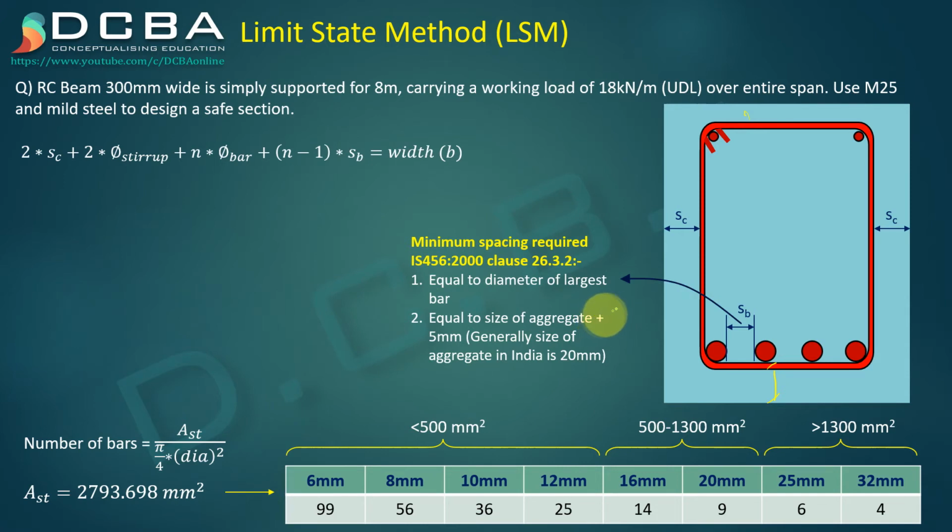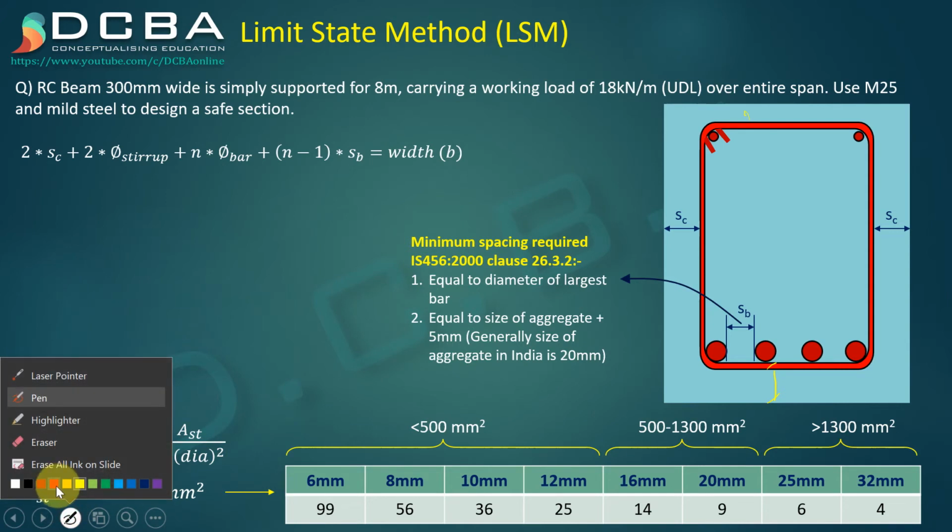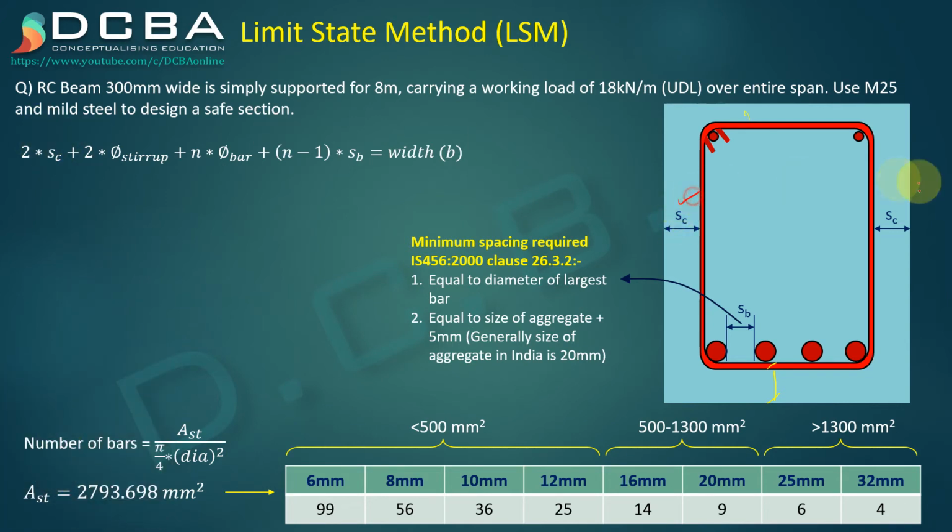So there is a formula: 2 into side cover, that is 2 into this and this, plus 2 into dia of stirrup, one time and two times, plus n into dia of bar that we are using. N is nothing but the number of bars that we are providing, into dia of bar.